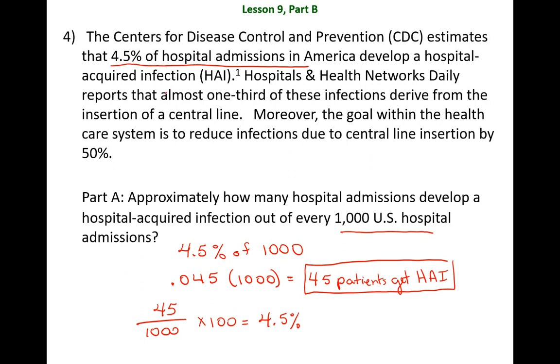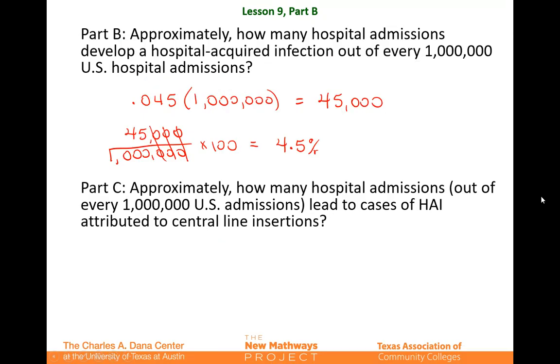It reports almost 1/3 of these infections come from central lines. So we want 1/3. Well, what is 1/3 of 45,000? That's going to be 15,000.